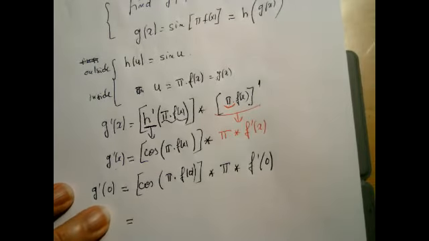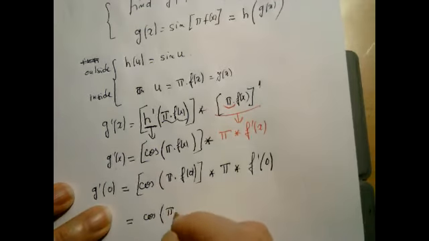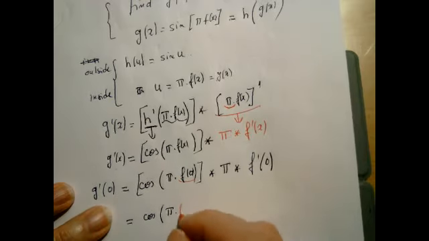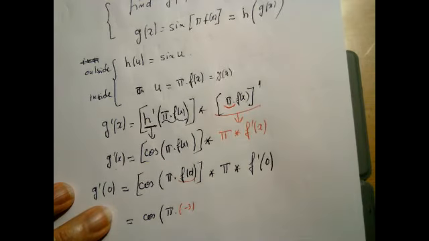At this stage, I pick up the values they gave me. This is the cosine of pi times, according to the book, at 0, f takes the value minus 3.